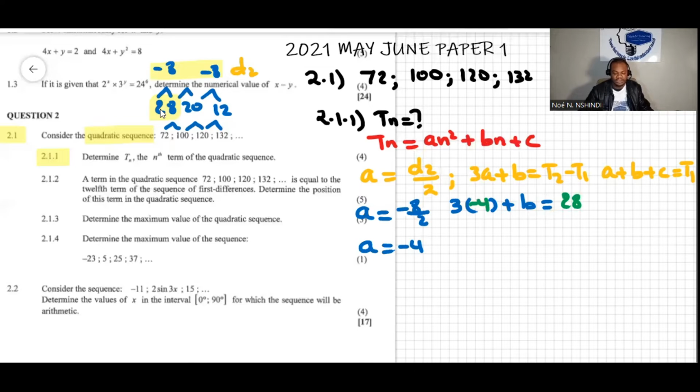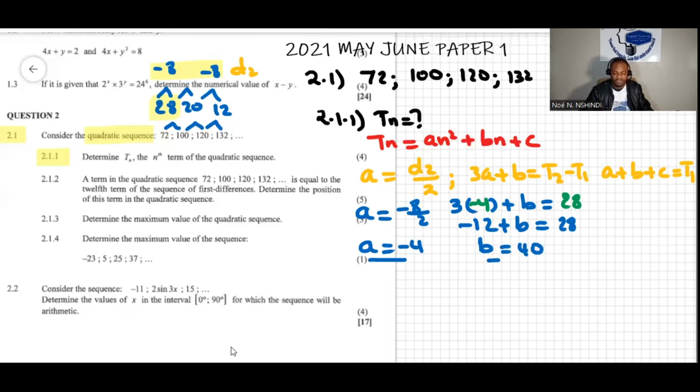And then let's work it out. This will be equal to 3 times -4, which is -12, plus B equal to 28. So if I move the -12 over, it becomes +12, then B will be equal to 28 plus 12. This is equal to 40.